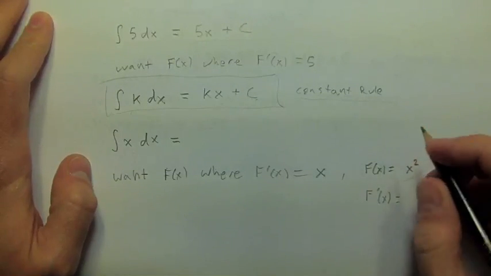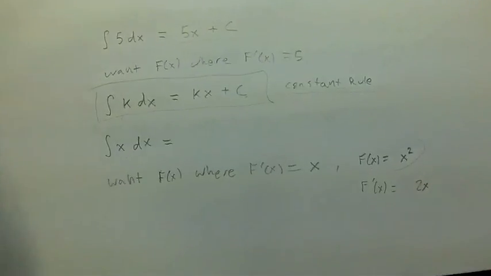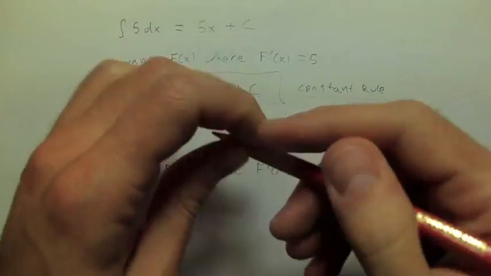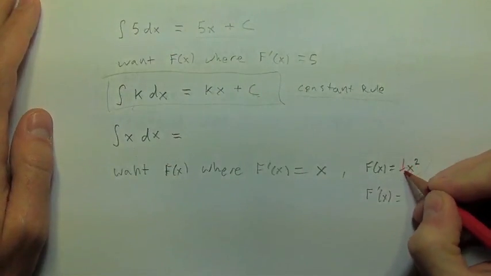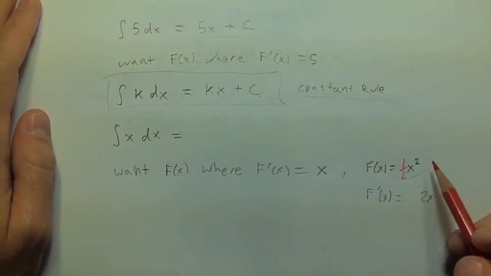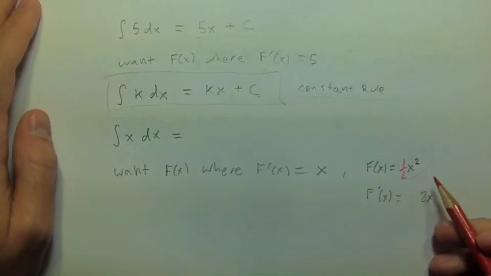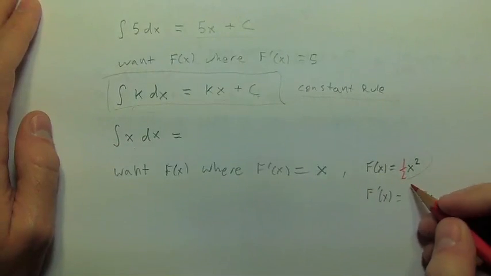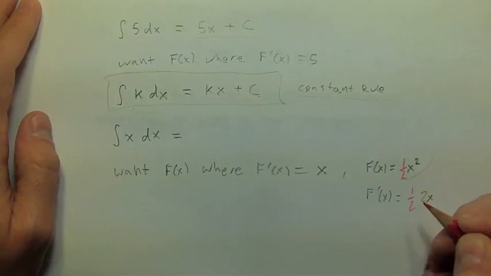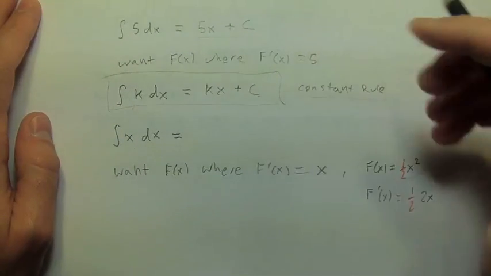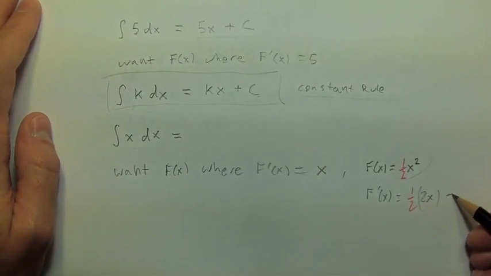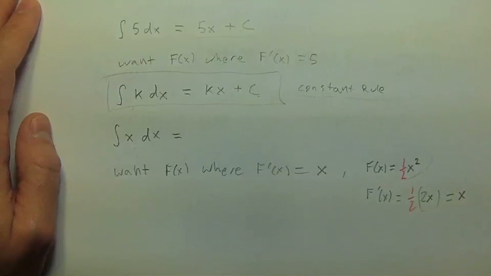Well, what we actually do is we put in a 1/2, because if I throw that in as a constant, when you take the derivative of 1/2 x squared, capital F prime will be 1/2 times 2x, right? And the 2's will cancel and we'll be left with just x.